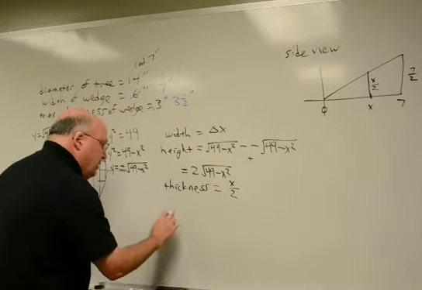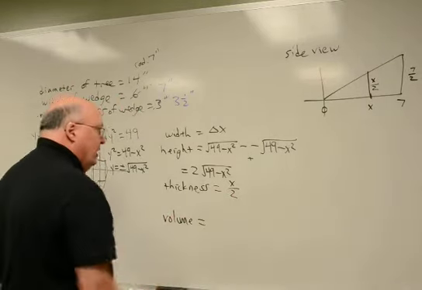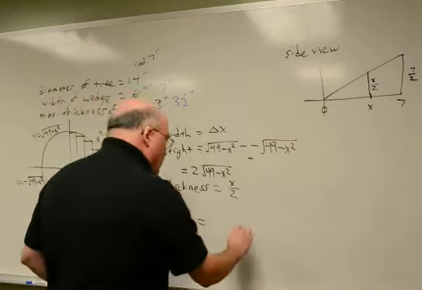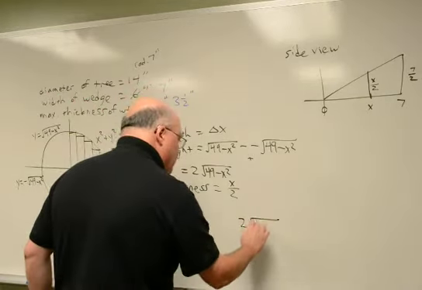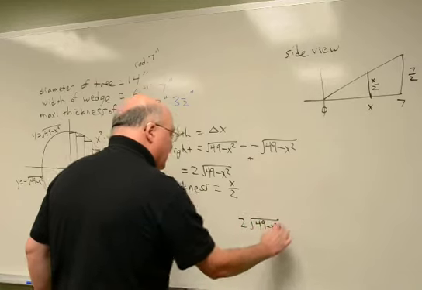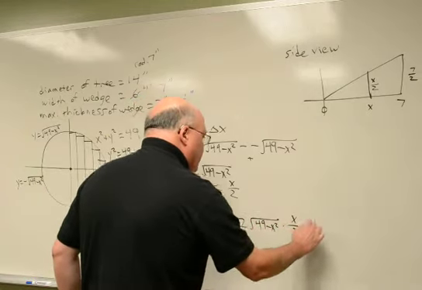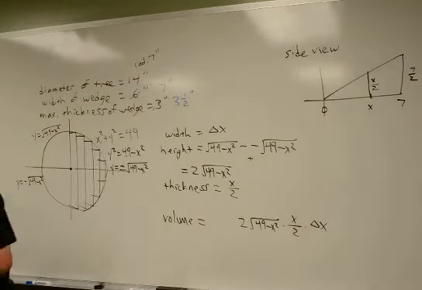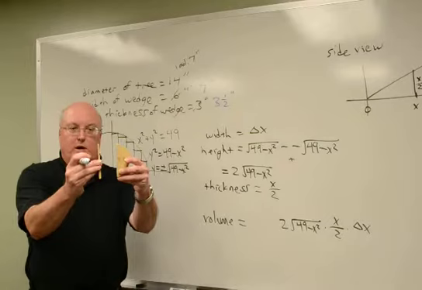That means my volume then is going to be found by multiplying these three together. So I would have my height times my thickness times my width, but that's just one of those boxes, right? Just one of them.